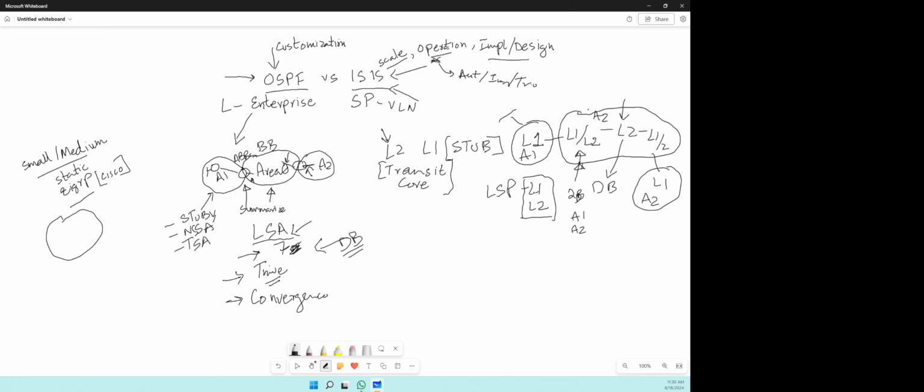And all the LSPs include all the link information, the loopback, the stubs, the transit, everything is included in one LSP. Whereas in OSPF, every link has an LSA.